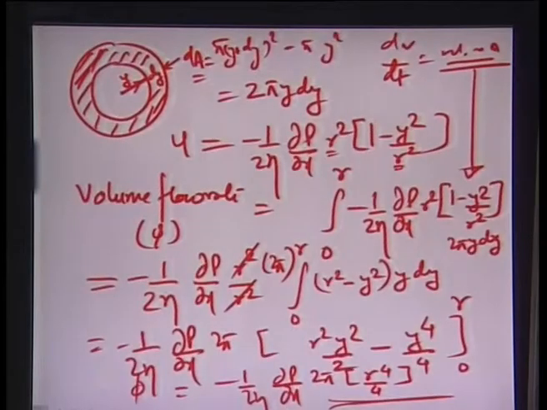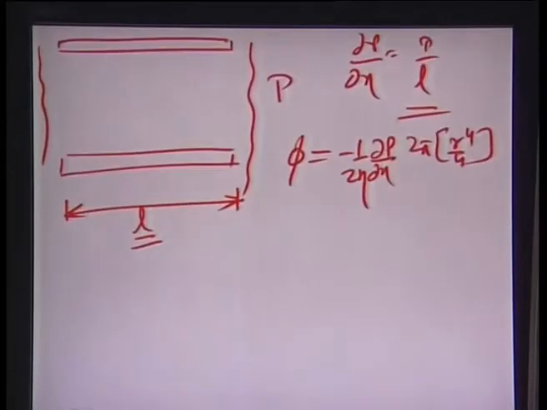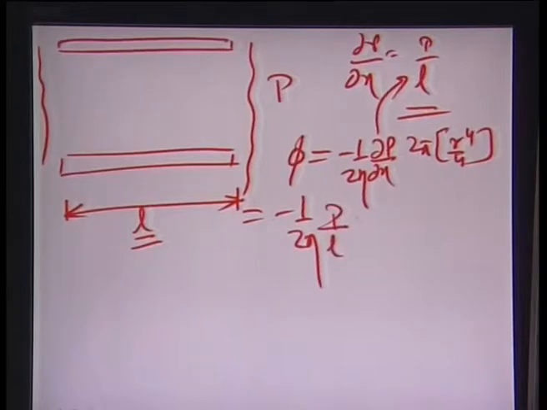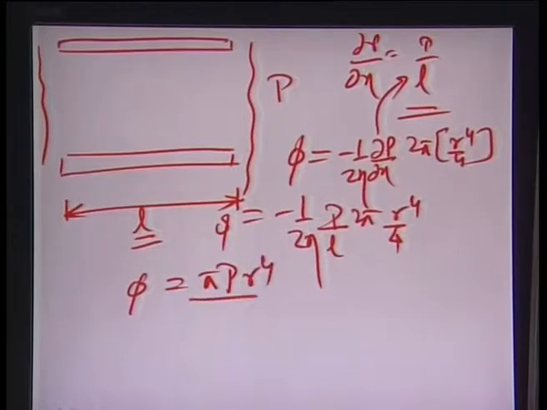And essentially dP by dx is nothing but P by L here. So, we get phi is 1 by 2 eta P by L twice pi r 4 by 4, and if we just readjust this equation, phi comes out to be equal to pi P r 4 divided by 8 times of eta L. That is what the volume flow rate is in this particular example.